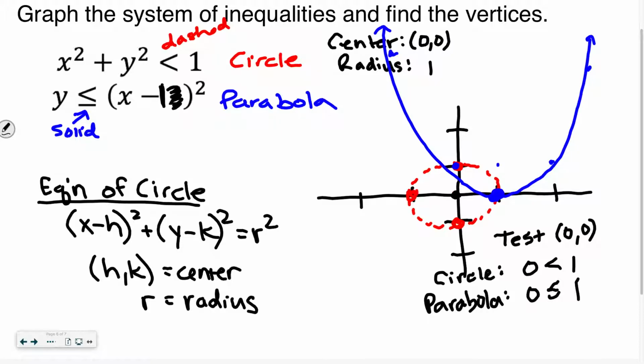Also true, right? We've already decided that. So then, again, 0, 0 should be shaded. So now my shaded region is that larger piece. I wouldn't shade over here as my overlapping section because those points right there wouldn't work for the parabola. They would make it false.